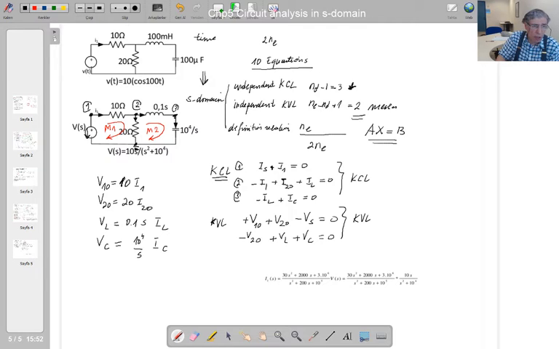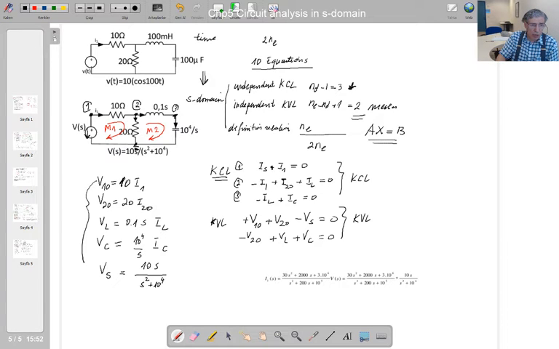So 4 of them. The last one is the independent source voltage Vs definition relation. Vs is equal to 10S, written here, which is the Laplace transform of this time domain function, isn't it? 10S over S square plus 10 to the power 4.